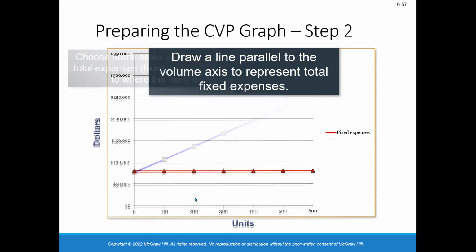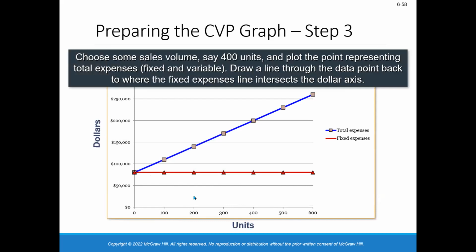Then we will add the variable portion of your cost. After adding the variable portion of the cost, the blue line will be the total expense. Be careful. If you only see the variable expense, it will be a straight line starting from the origin, from 0. If you have 0 units, you have 0 variable cost.